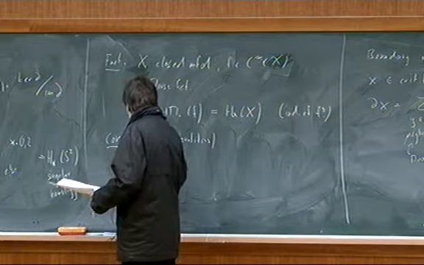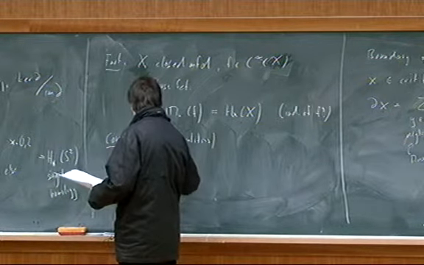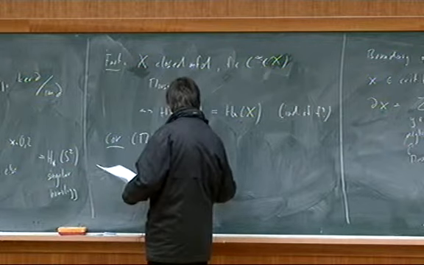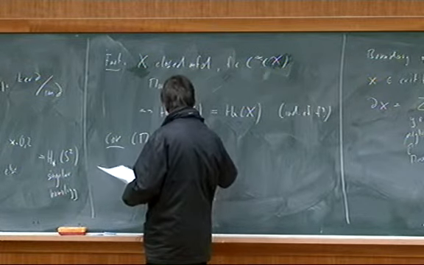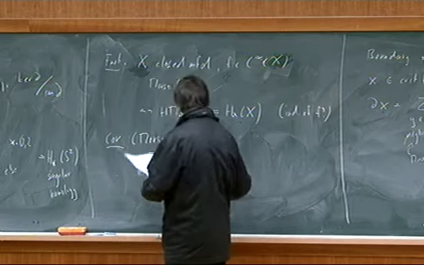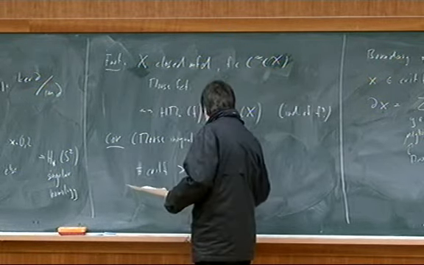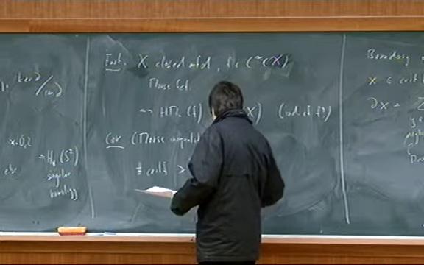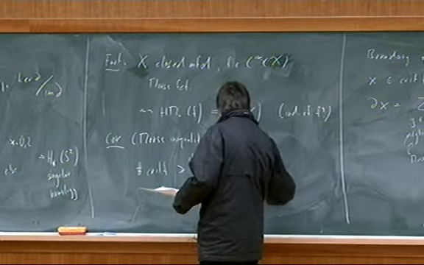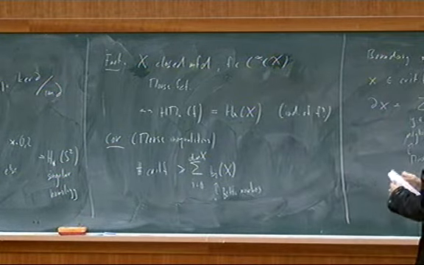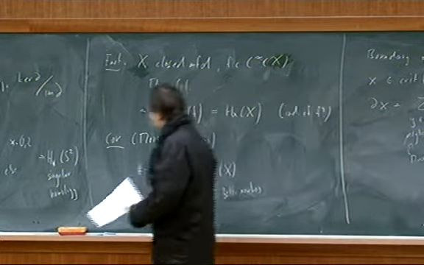So that's the corollary. The number of critical points of f is bigger or equal than the sum of the Betti numbers.